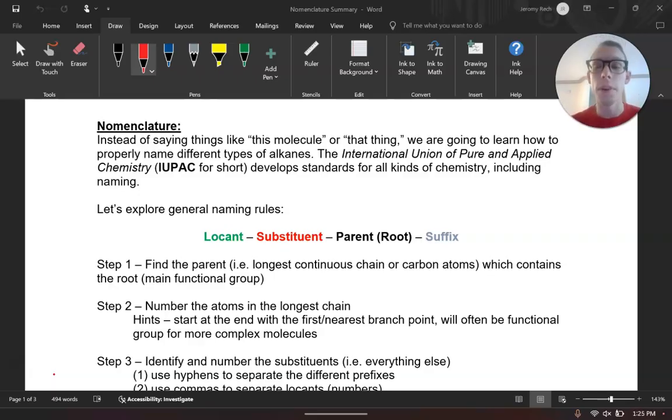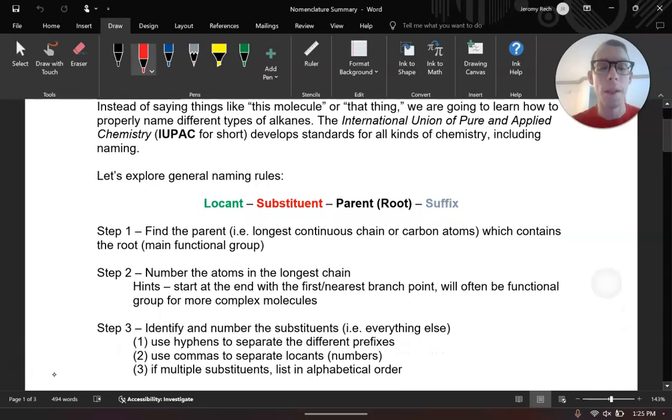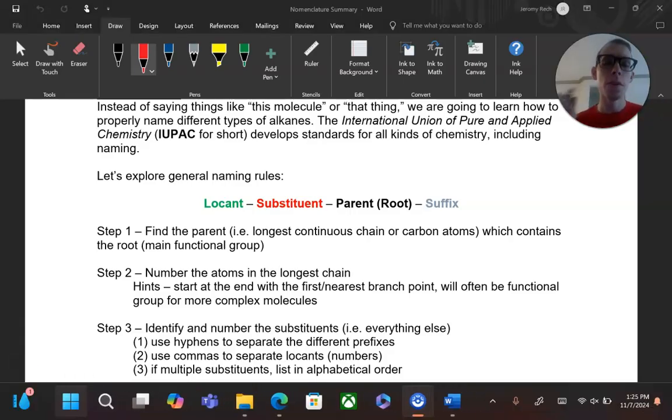When we're going through and trying to name a molecule, we'll walk through these 3 fundamental steps. We'll start with identifying our parent group. Our parent group is going to be our longest continuous chain that's going to include our functional group. Now, most of the time, for simple alkanes, it's just going to be a bunch of carbons.